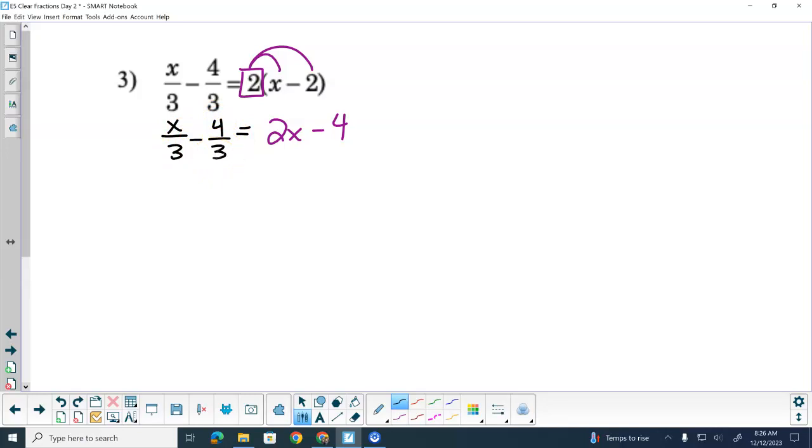Step number 2, do I have fractions to clear? Yeah, so what am I going to multiply every single term by?